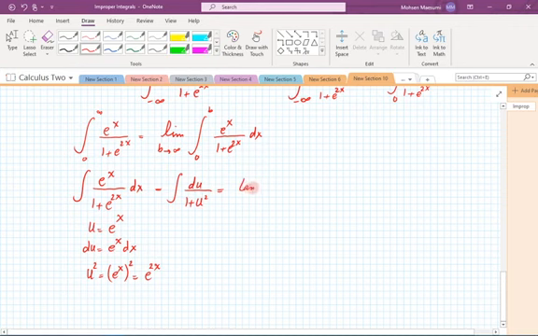It's tangent inverse of u and a constant. Well, that's going to be tangent inverse of exponential of x plus a constant. So in this case, I have tangent inverse of exponential of x from 0 to b, and then I have to take the limit of that.